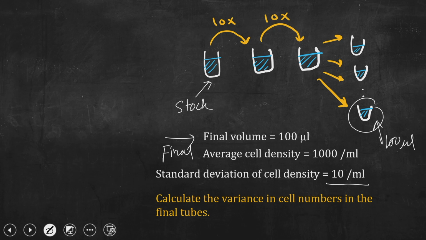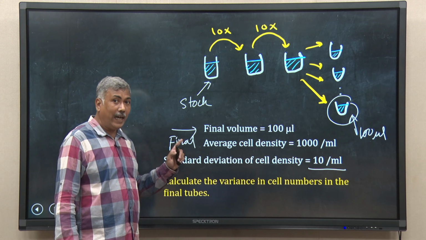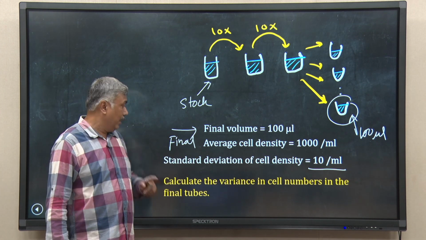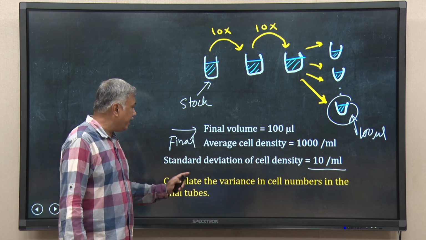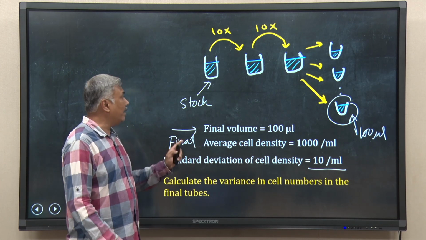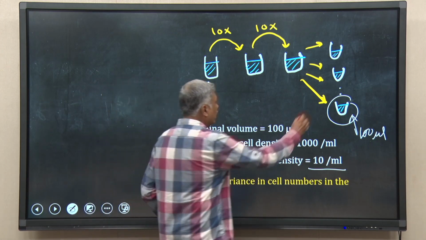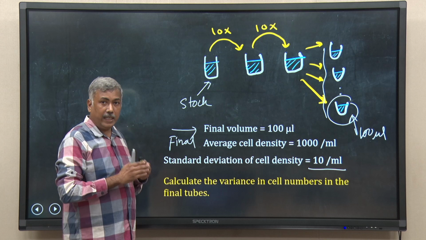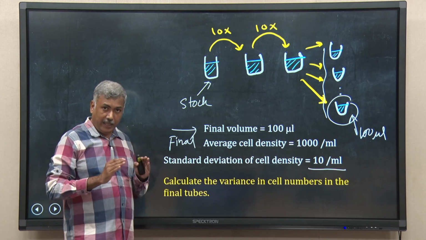Now, I want you to calculate the variance in cell number. Remember, the data given to you is for cell density, cells per ml. So, I am asking you to calculate the variance in cell numbers in the final tubes. So, you have to calculate the variance from this given data, variance in cell number, nothing else.